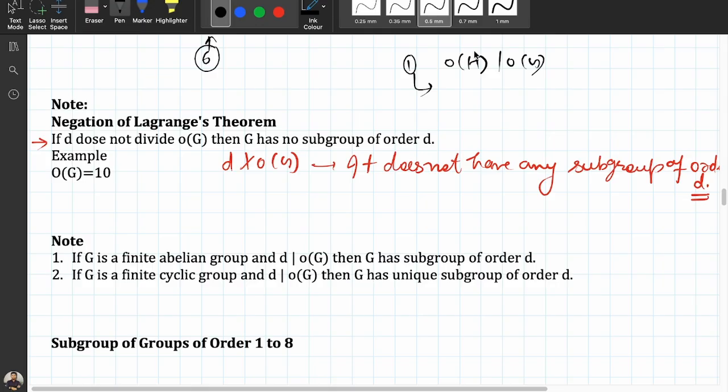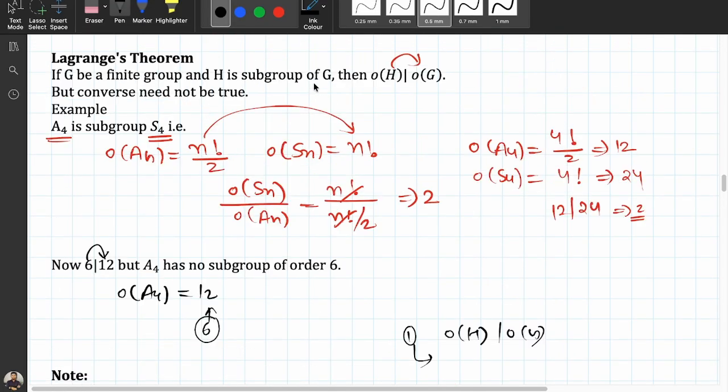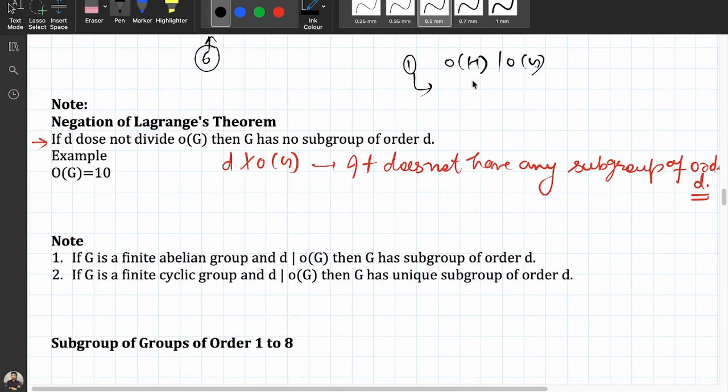Let's say any number divides the order of the group, and it is not necessary that this group has a subgroup of that order. And now if any number does not divide the order of the group, then of course it does not have any subgroup of that order.